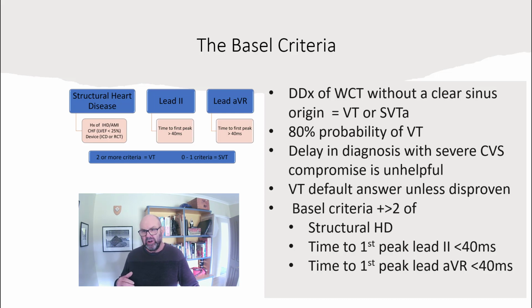The presence of a structural heart disease, such as a previous AMI, symptomatic heart failure, or the implementation of an ICD or CRT. Secondly, a duration of greater than 40 milliseconds from the QRS activation to the peak of the first wave in lead 2. And finally, and thirdly, a duration of greater than 40 milliseconds from QRS activation to the peak of the first wave in lead AVR.